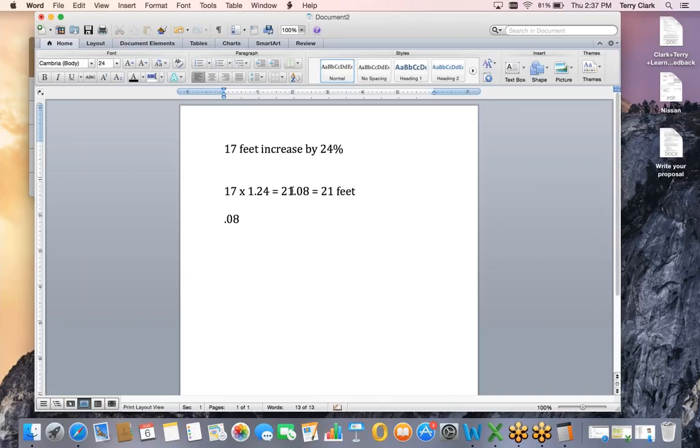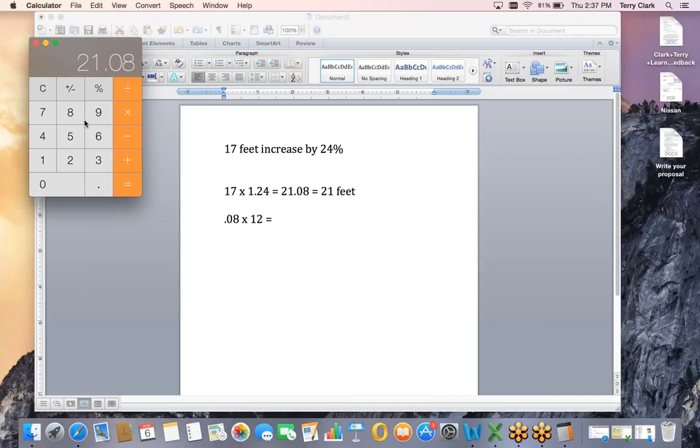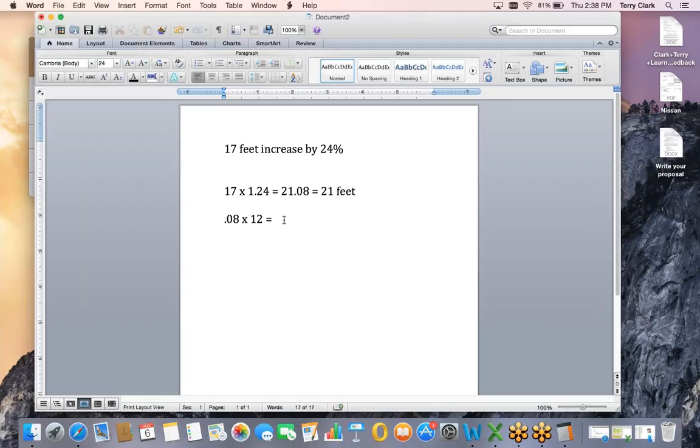Then we're going to take the 0.08 and multiply it by 12, because 12 is the conversion rate for feet into inches. So we're going to say 0.08 times 12. And that's going to give us 0.96.